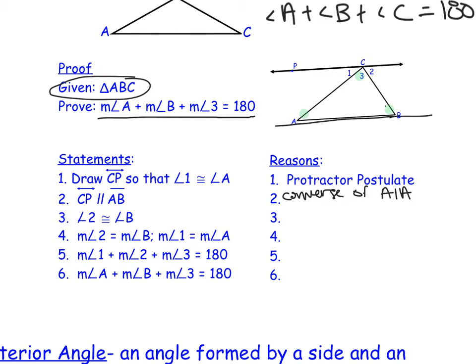And then we're going to say that angle 2 is congruent to angle B, and those ones are going to be alternate interior angles.